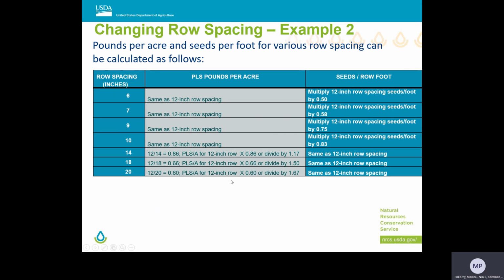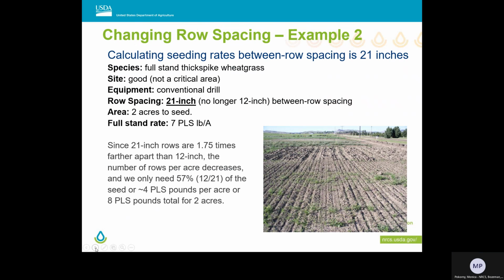So we take 7 pounds per acre and multiply it by 0.6, and we get 4.2 PLS pounds per acre. And that'll give you the same seed density as if you were using the 12-inch between row seeding rate. I think that can get a little bit complicated.